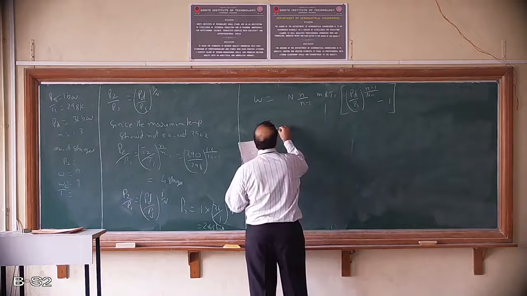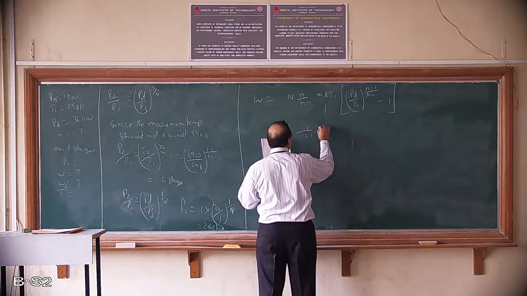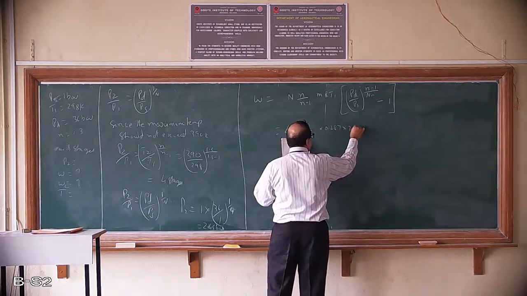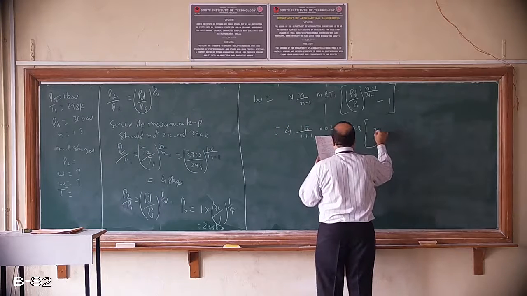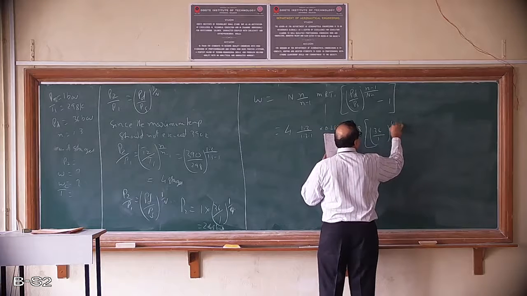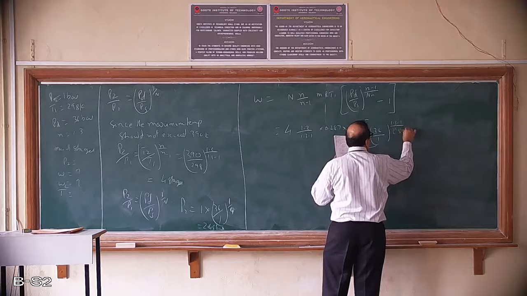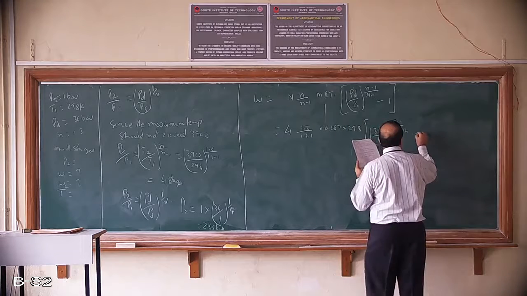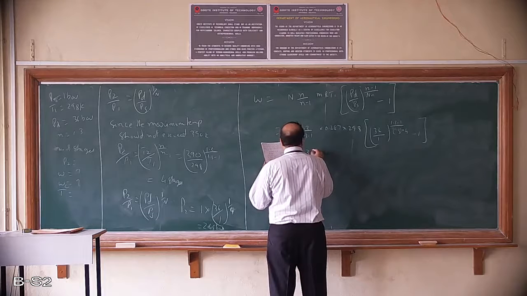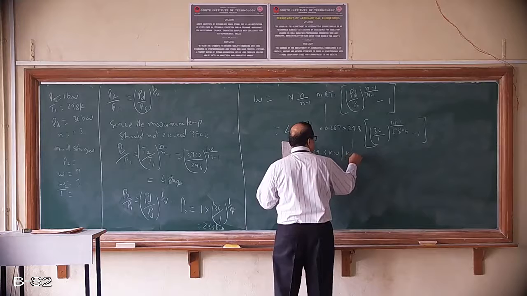So this is nothing but 1.3 by 1.3 minus 1, M is equal to 1, 0.287 into 298. This is 36 divided by 1 to the power of 1.3 minus 1 by 1.3 into N, that is 4, minus 1. So we get this as 339.3 kilowatts per kg of air.